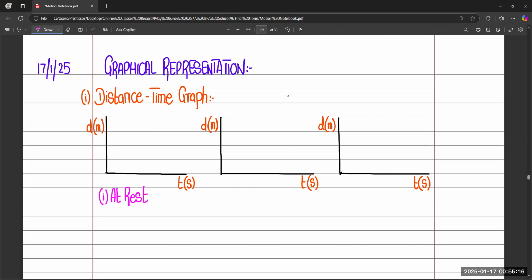So how to draw the graphical representation for this distance time graph? Straight line. So if the body is placed at any point on the graph, you need to draw a straight horizontal line from that point, like this, because time is continuously increasing, but distance is not changing.